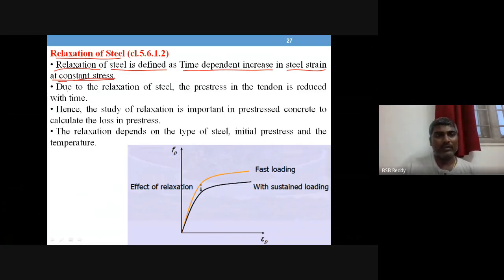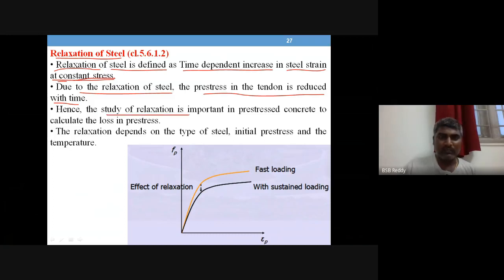Due to the relaxation of steel, what happens? The pre-stress in the tendon reduces with time. Because the strain is lost, hence the stress is lost. That is a direct relation.